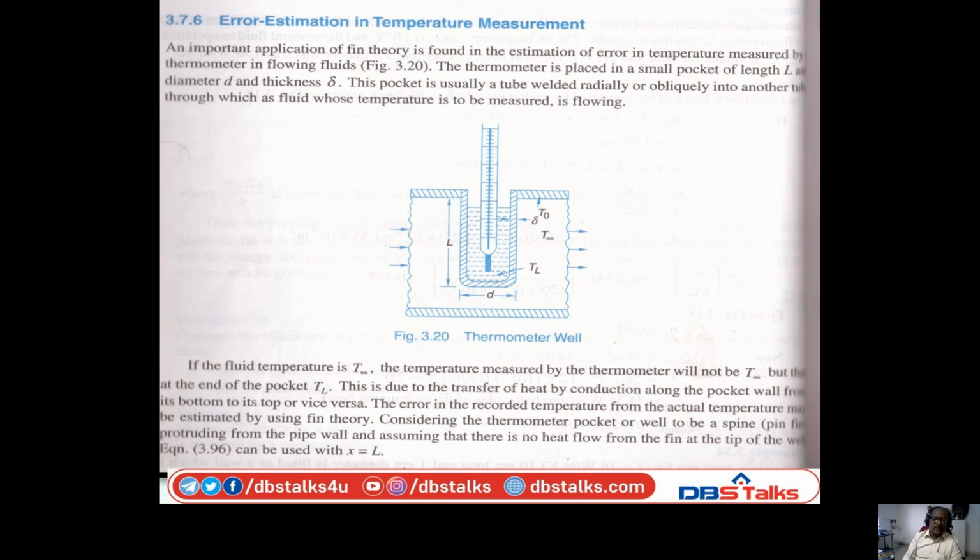T infinity is the fluid temperature and TL is the temperature at the end of this pocket. T0 is the base temperature. This pocket acts as a fin.